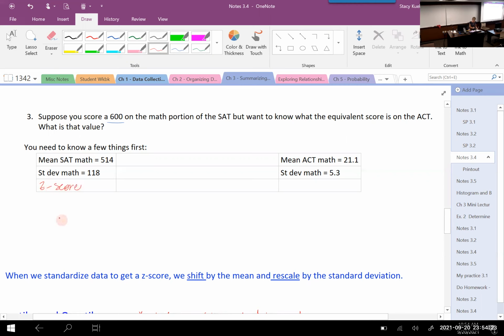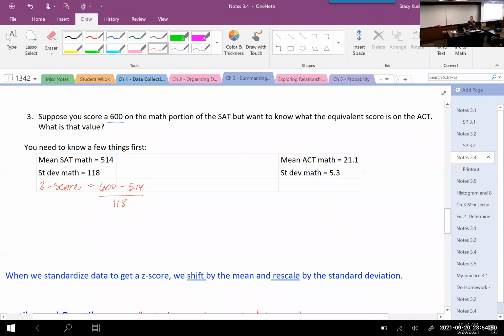For when it was 600. So the z-score is my value of 600, that's my data point, minus the mean of SATs, which would be 514, divided by the standard deviation of SATs, which is 118.